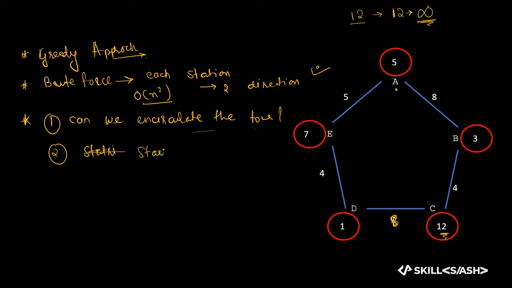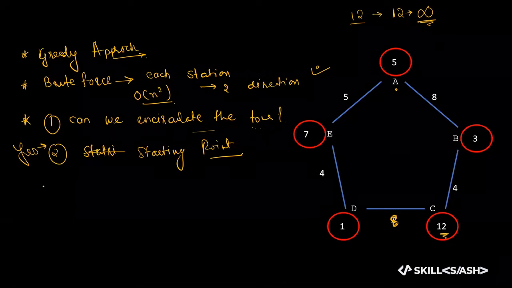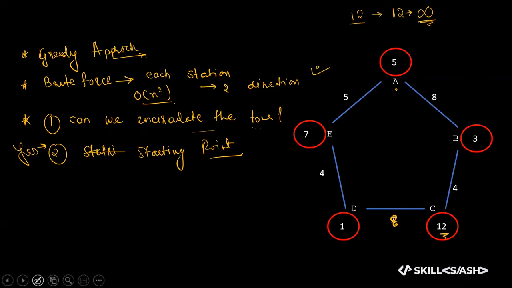For finding out at a high level whether we can even make the tour or not, we can do one thing. We can add the values of the nodes, the petrol that we have in total. That is the first thing we can do to ensure whether we can even complete the tour or not. That was my point.